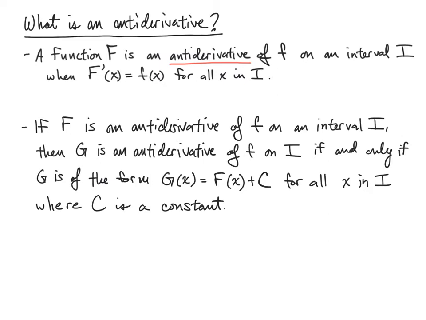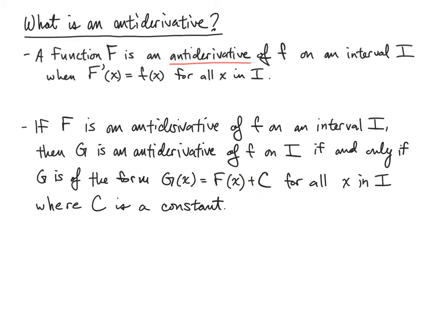As far as the representations are concerned, if capital F is an antiderivative of f on an interval I, then g is also an antiderivative of f on that interval I, if and only if g is of the form g equals F plus some constant.